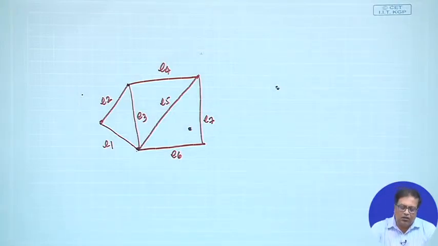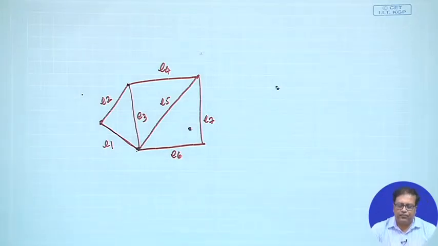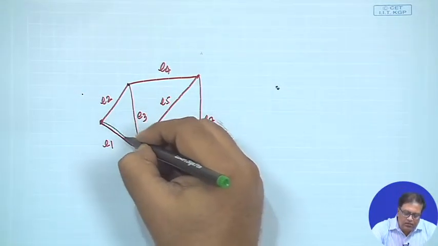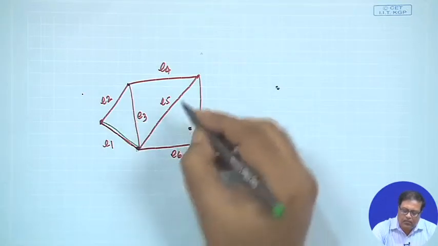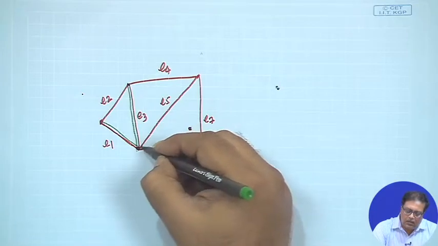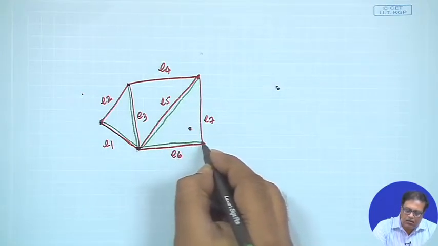Now the question is, how many different spanning trees can you think of? One spanning tree you can think of is E1, E3, E5 and E6.